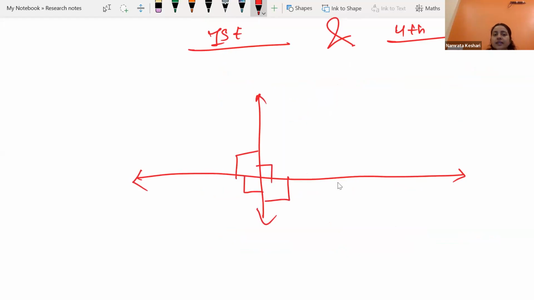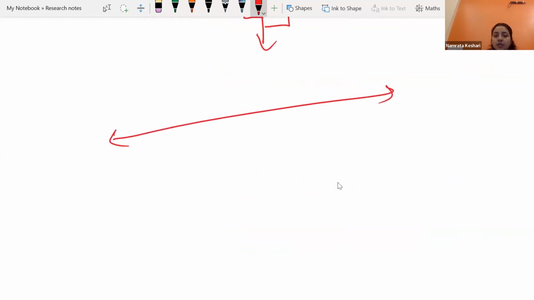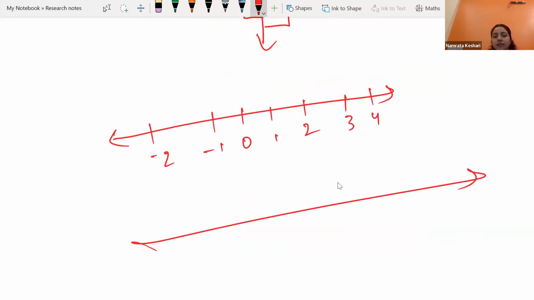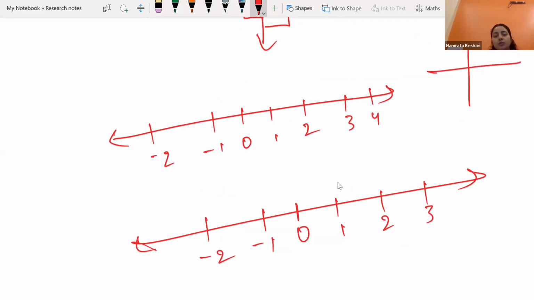Basically we were having two number lines, 0, 1, 2, 3, 4, minus 1, minus 2, and then one more number line, and we have placed them perpendicular to each other so that both 0s will lie on each other. That's called the origin. We have kept them perpendicular to each other, and that's how we ended up getting the Cartesian plane.